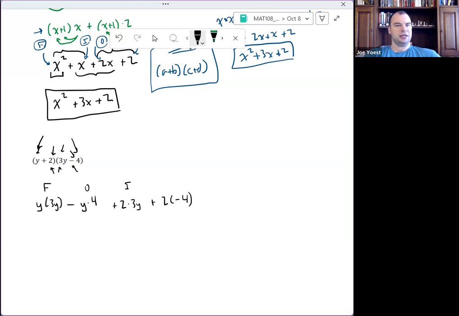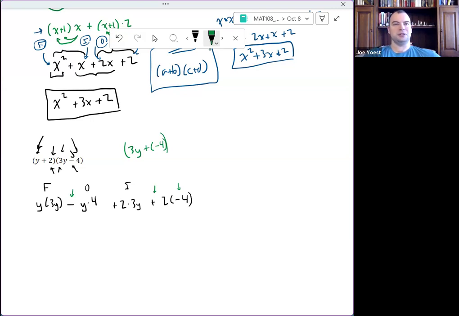I handled this minus sign in 2 different ways here just to show that you could handle it either way. You could do plus a negative or minus, right? I could either think of this 3y minus 4 as 3y minus 4, or I could think of it as 3y plus negative 4, whichever kind of makes the most sense to you. It doesn't much matter which way you do it, as long as you don't drop that negative.